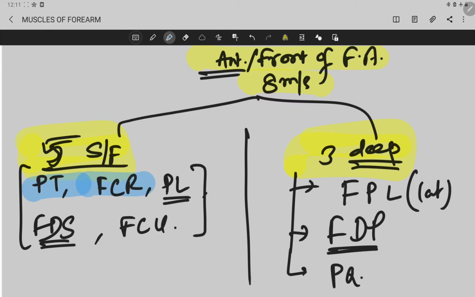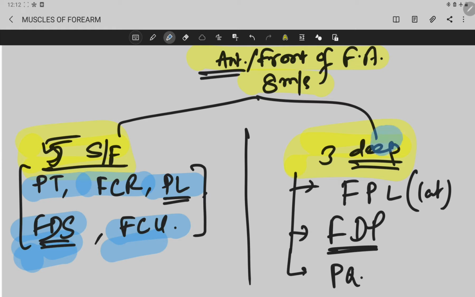Then flexor carpi radialis. Then palmaris longus with a long tendon and short belly, forming the palmar aponeurosis after the flexor retinaculum. Then flexor digitorum superficialis, attached at the proximal interphalangeal joint and causing the flexion of the digits, and flexor carpi ulnaris.